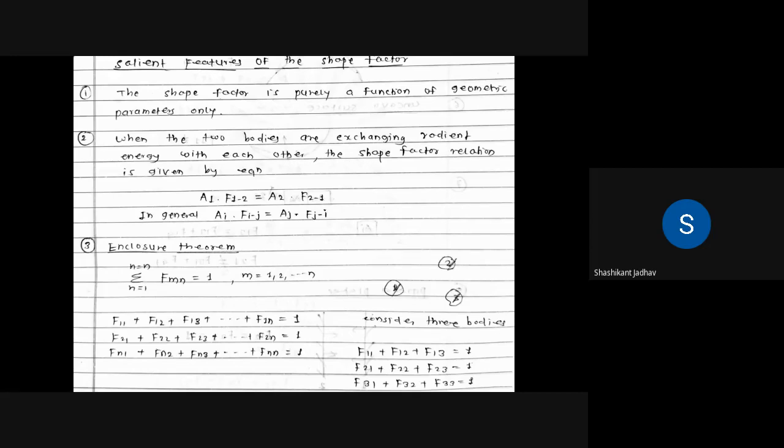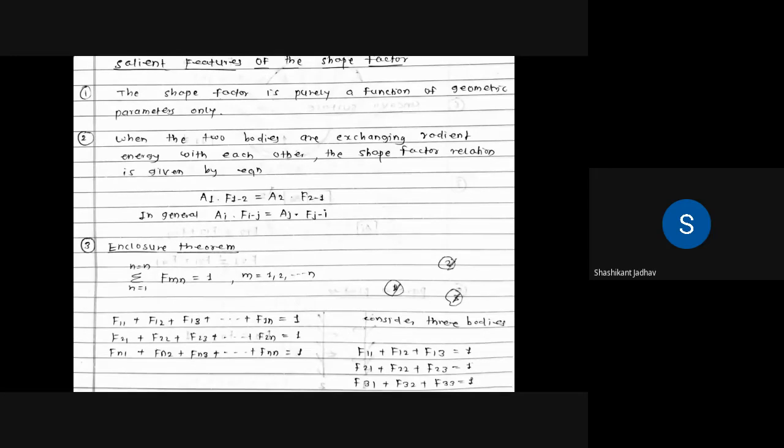As an example we have considered three bodies, so if there are three bodies, we have to write the equations in this form. And by using these equations we have to calculate all the values of the shape factors. Okay, so all of you have written these three equations.